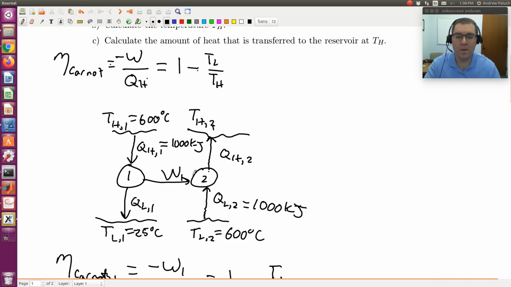W1 is work, so W1 is going to be negative, because my first Carnot cycle is going to be performing work. In the context of cycle 2, cycle 1 is doing work that cycle 2 is receiving, so this is work done on cycle 2.